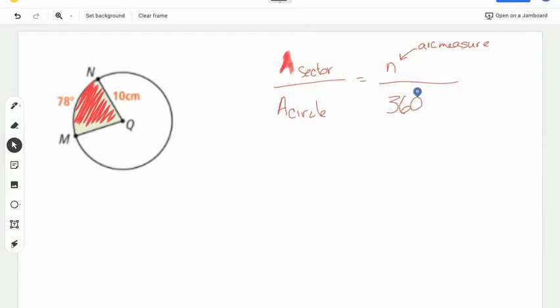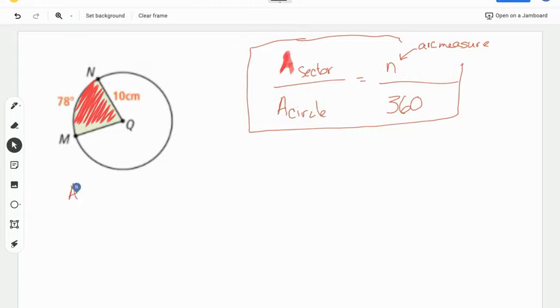And so this is going to be our equation that we're going to use here. But again, looking at the ratio, right? What part of that whole circle is the sector in relation to what part of the entire 360 around the circle is that measure.